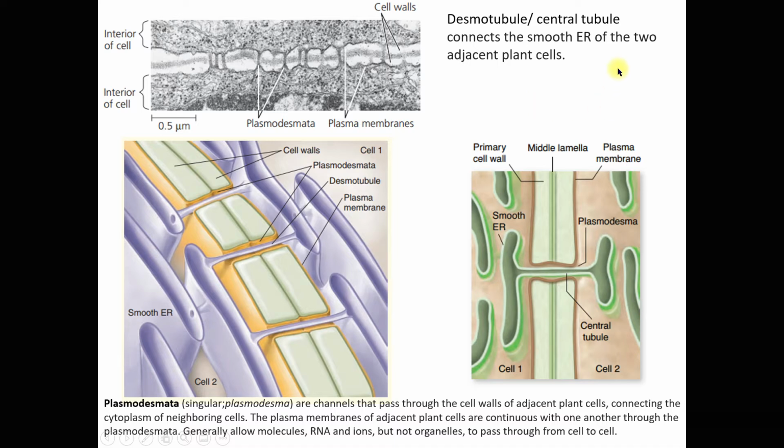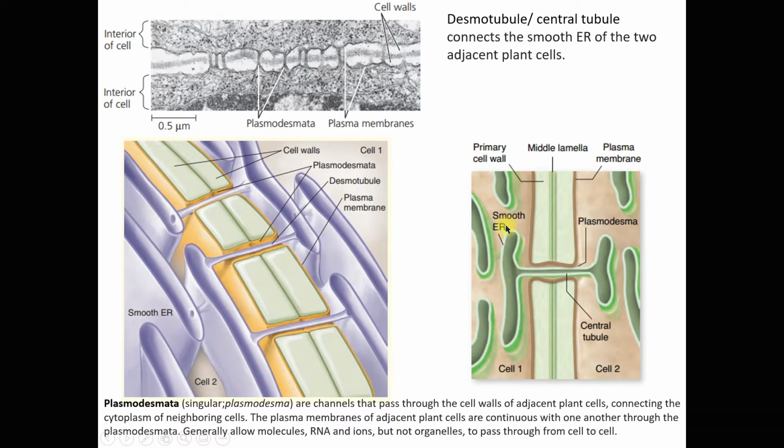Now, in plant cell, there is another structure here called desmotubule, right? And this desmotubule is also known as central tubule. The central tubule connects smooth ER, endoplasmic reticulum, of the two adjacent plant cells. So ini ialah endoplasmic reticulum for the cell 2, and this is the endoplasmic reticulum for the cell 1.